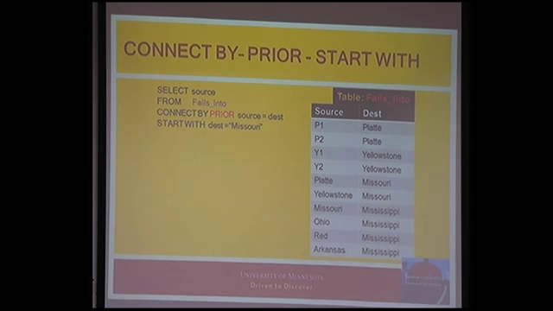To understand its result, this is how we work. In the sources is a set of nodes, and you initialize it with Missouri, where Missouri is in the destination column.